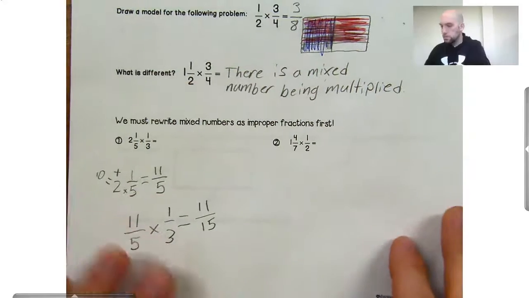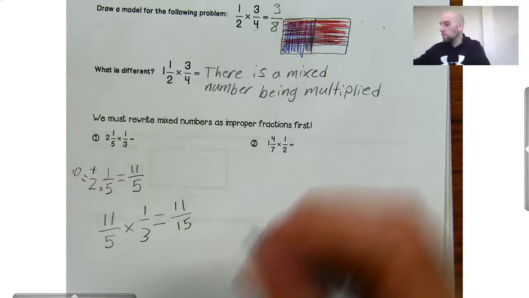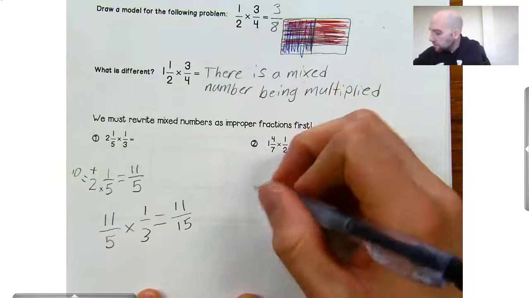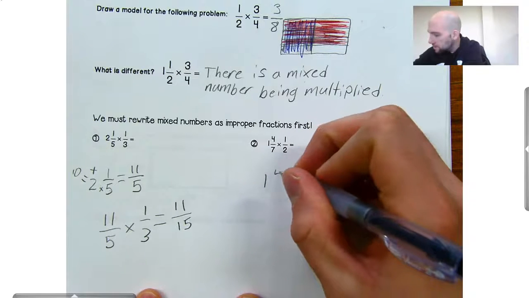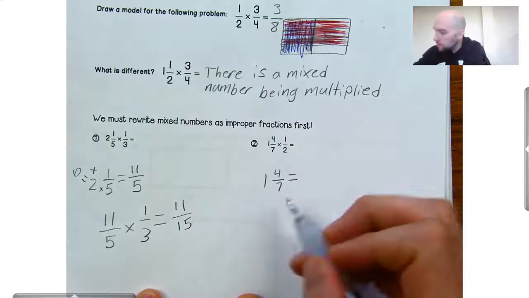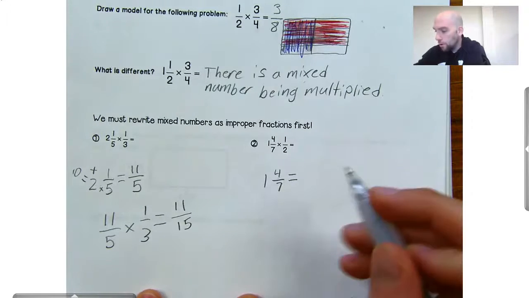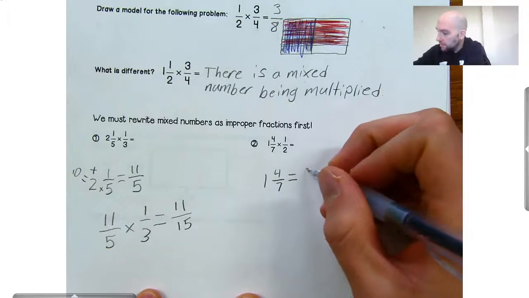Number 2, we have 1 4/7, and we're multiplying by 1/2. 1 4/7 is equal to, well, 7 times 1 is 7, plus 4 is 11.